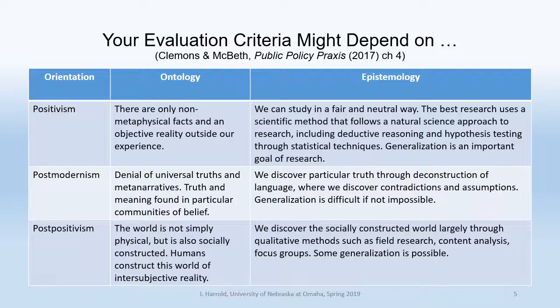The epistemology means the way we learn facts is by studying things in a fair and neutral way. So the best kind of research, given this epistemology, uses a scientific method that follows the natural science approach, including deductive reasoning and hypothesis testing through statistical techniques. Our goal is generalization of research.